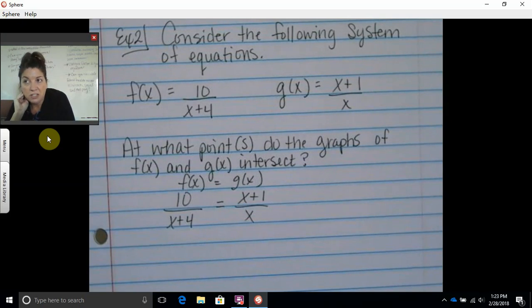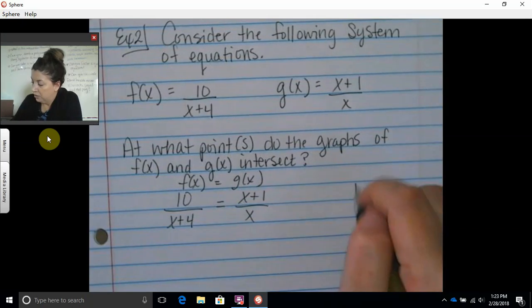So I have a system of rational equations, okay? We know to solve a rational equation, you want to clear the fractions. So first thing you do is make sure that you factor all of the denominators if possible. Can I factor either one of those denominators? Nope, can't.